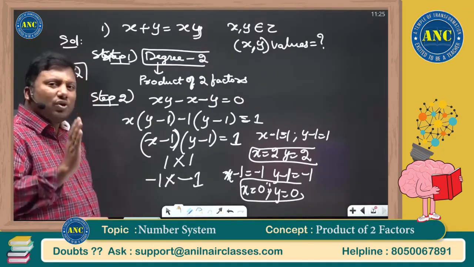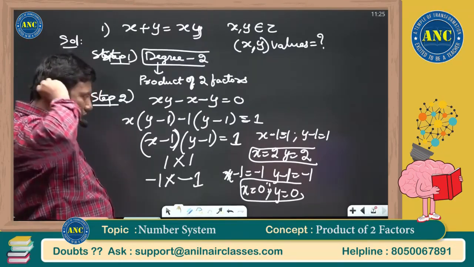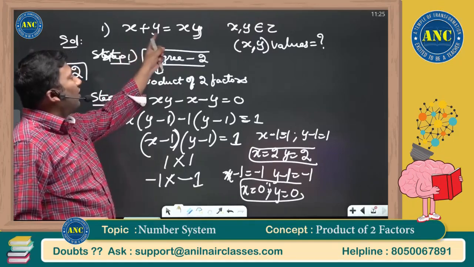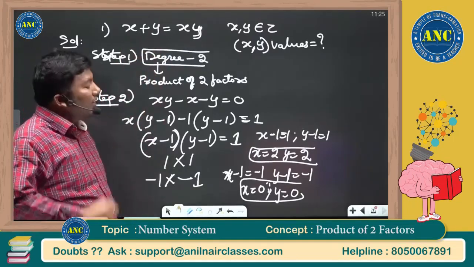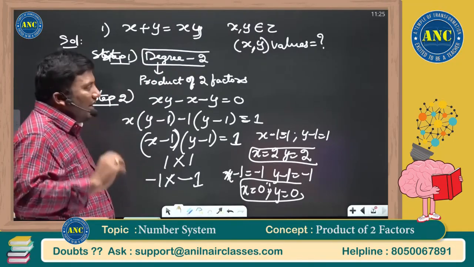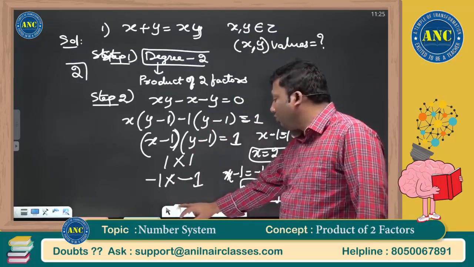Very, very easy question if you know the approach on how to solve this question. x plus y equivalent to x into y. Step number 1, the degree of the given equation is 2. If the degree is 2, write the equation as a product of two factors.